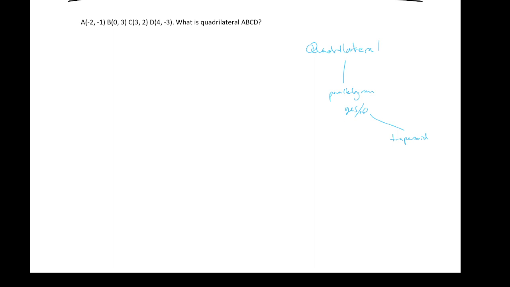If it is a parallelogram, we have two tests to do: rectangle and rhombus. If it is a yes for both of these simultaneously, that's going to lead it to be a square.